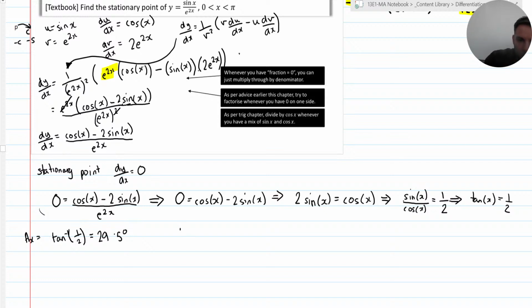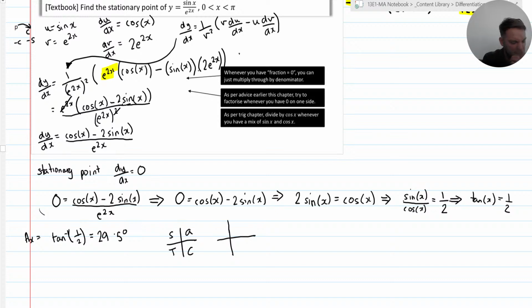Now, we're then going to draw our CAST diagram. C, A, S, and T. Because tan is positive, we know that it's going to be in, yeah, it does need to be in radians.